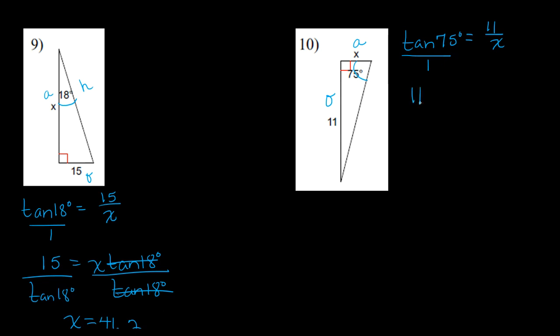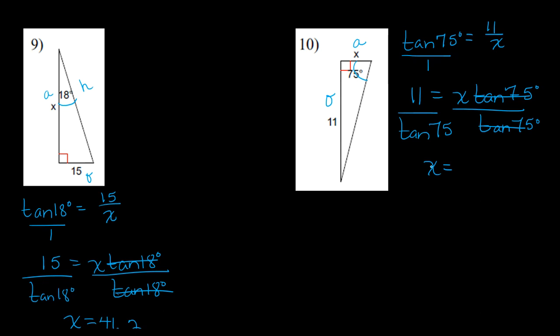Cross multiply. And we have 11 divided by tangent 75.